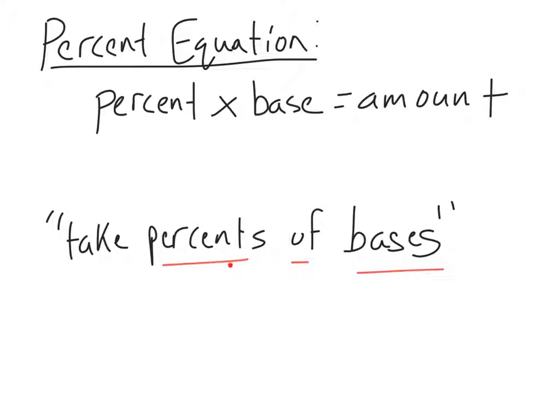Well, as soon as you see this percent of a number, that number is going to be the base. So that's why I want you to remember this phrase, we take percents of bases. In the word problem, look for the percent, look for the of, and that number that comes after the of will always be your base in this equation. And whatever the remaining quantity is, that's going to be your amount, most likely.